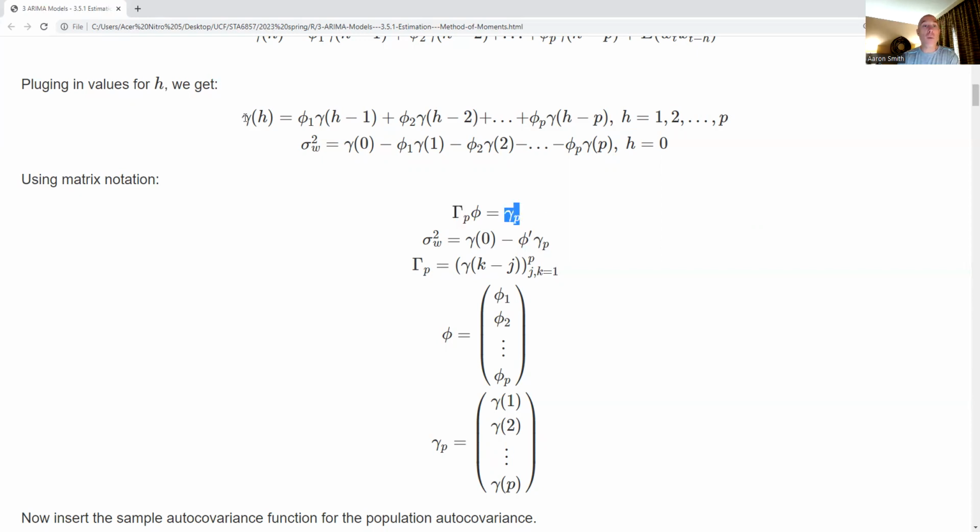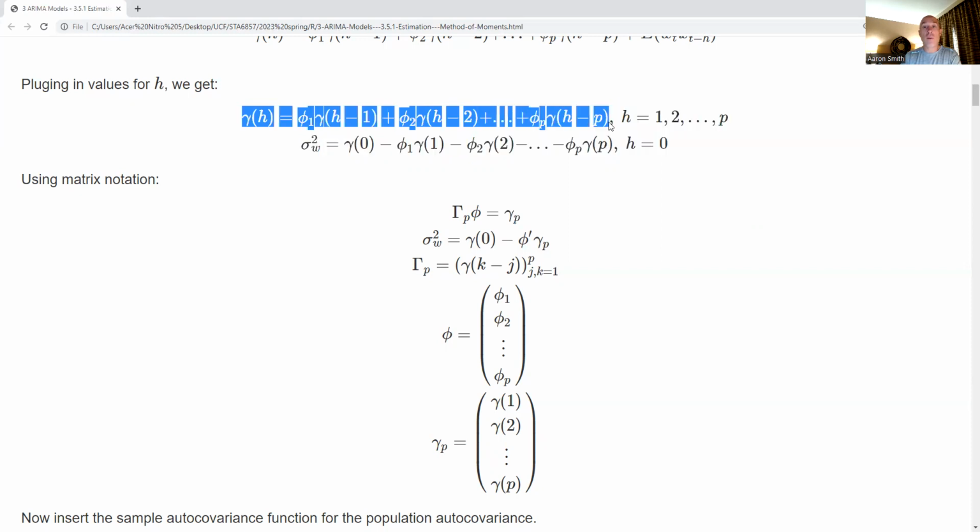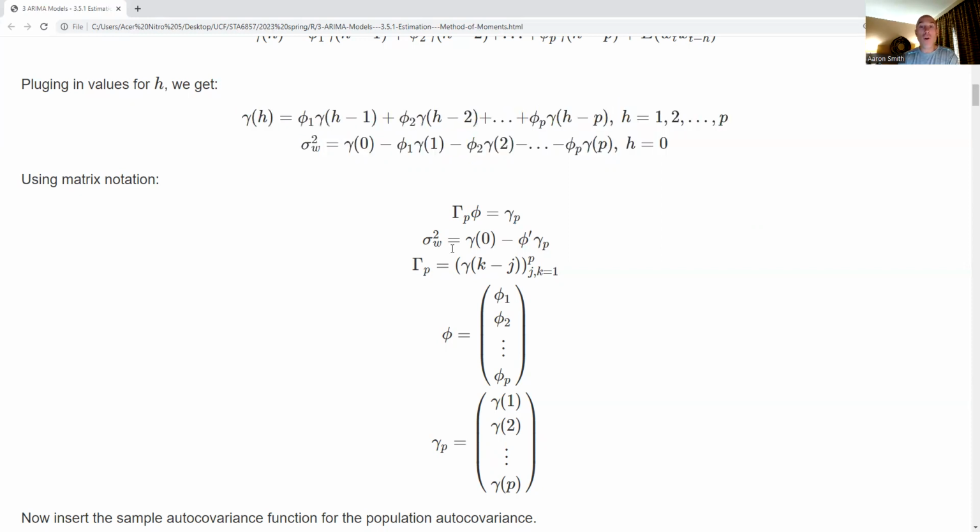And that comes from this setup here. Now, if I write this out, we also have that the variance of the white noise is equal to the autocovariance at 0, which is the variance of the time series, minus the dot product between the coefficient vector and the vector of autocovariances. Okay, so now I have a system of equations.